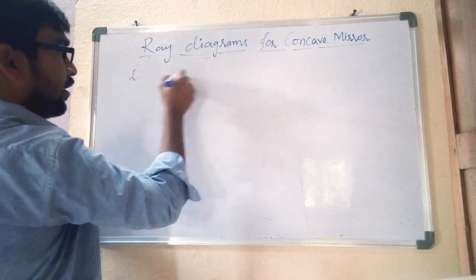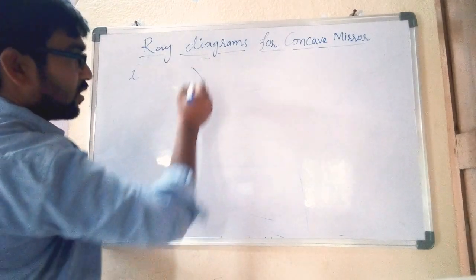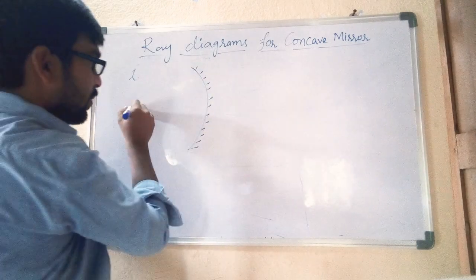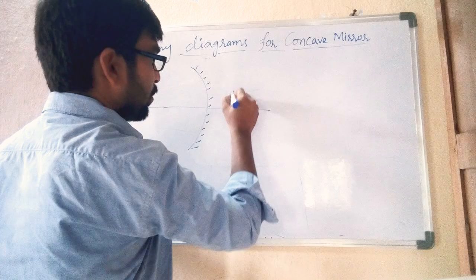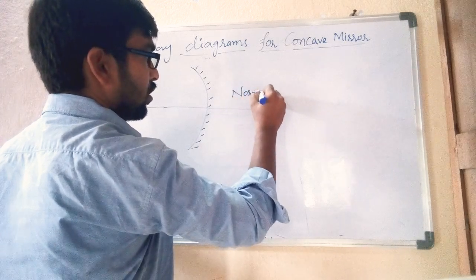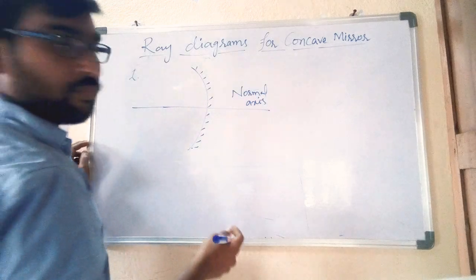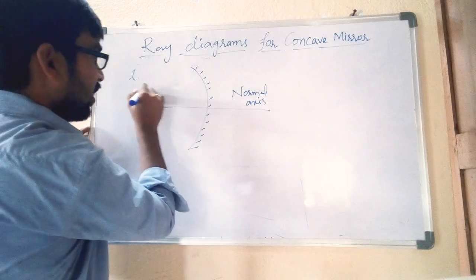first of all, take a concave mirror. This is the concave mirror and it is the normal axis or principal axis, whatever.